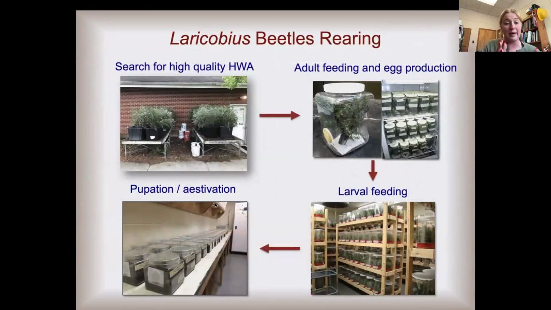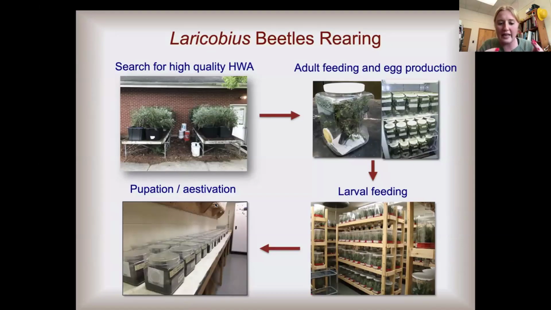A really important thing about biocontrol agents is being able to rear them. At Virginia Tech, we have been rearing the Laricobius beetles for 20 years. We go out in the field, look for HWA on Eastern Hemlock, cut it down, and bring it back to the lab. We put the adult beetles on the food in little rearing containers where they'll lay eggs. We then take the foliage, the bouquets, and put them in the racks with larval funnels you'll see in the bottom right.